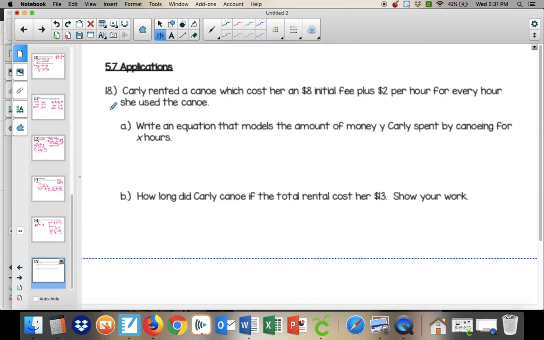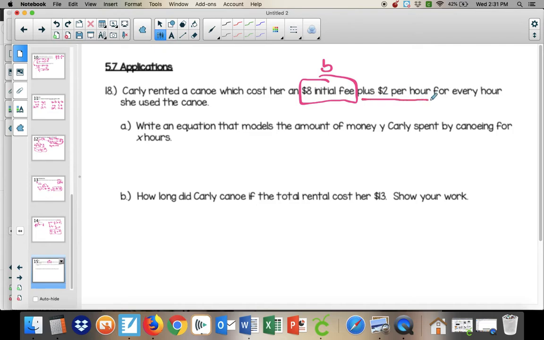All right, this is our last problem. Carly rented a canoe, which cost her an $8 initial fee. So that is considered your y-intercept. Plus $2 per hour for every hour. Write an equation that models canoeing. So y equals $2 per hour plus a starting fee of $8. How long did Carly canoe if her total cost was 13?